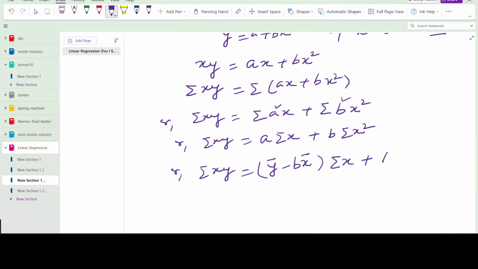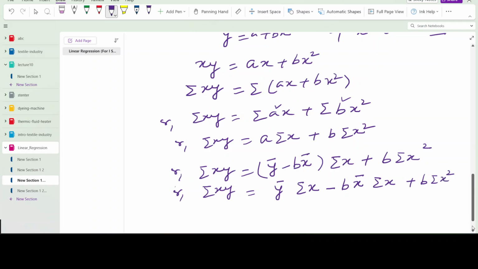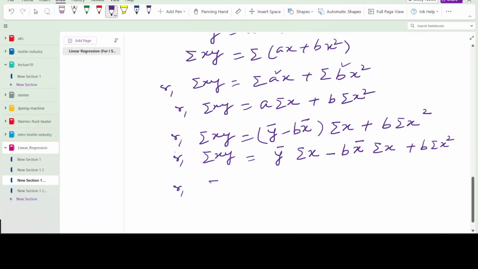Sigma xy is equal to, we are multiplying it, y bar sigma x minus b x bar sigma x plus b sigma x square, or rearranging the terms, sigma xy, we are bringing this, we are taking common b here, we will get sigma x square minus x bar sigma x.